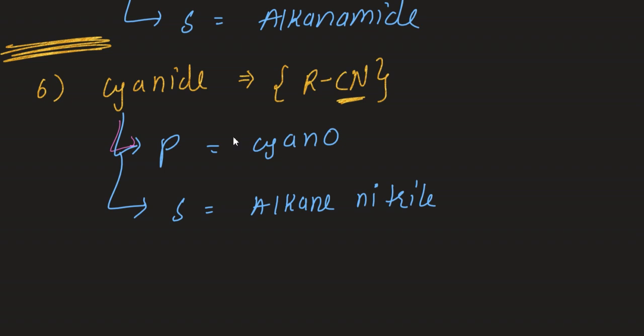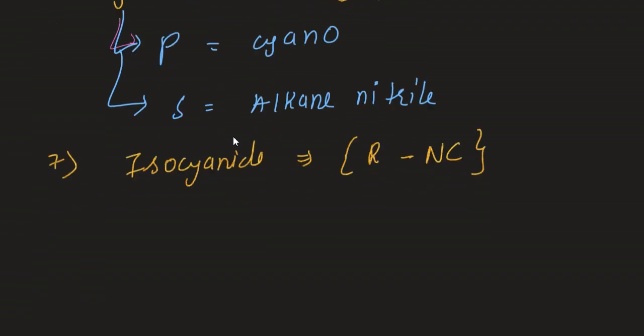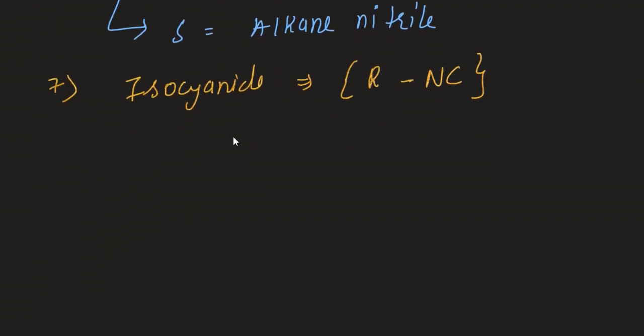Next, who is immediately after cyanide? Who is the next one? Isocyanide. Isocyanide is nothing but RNC. If it is CN, cyanide. If it is NC, isocyanide. Right.